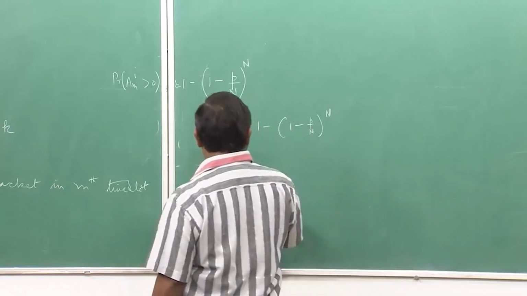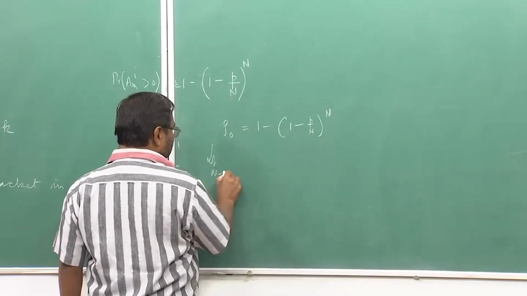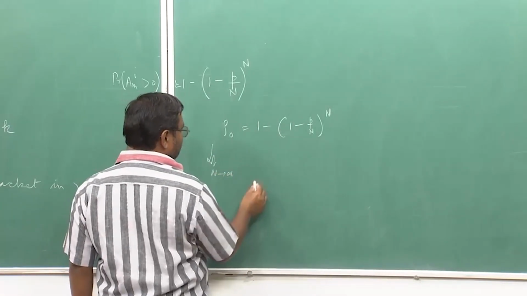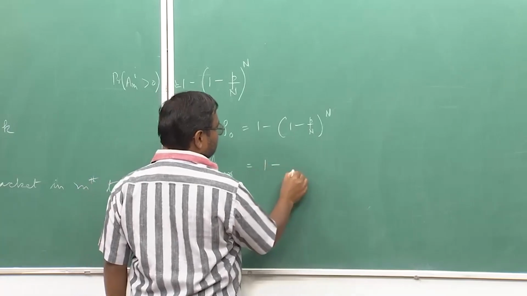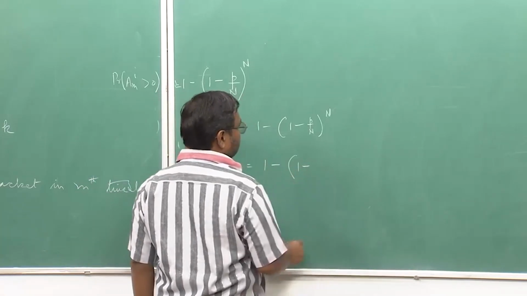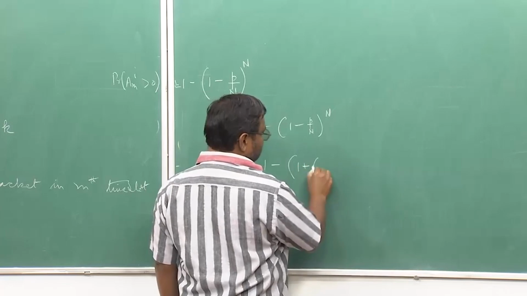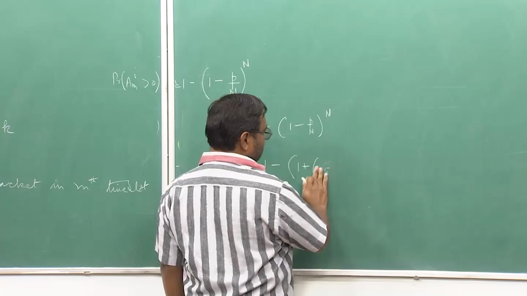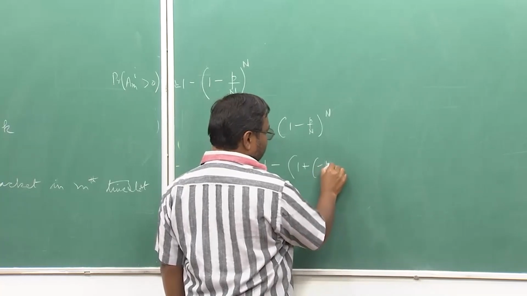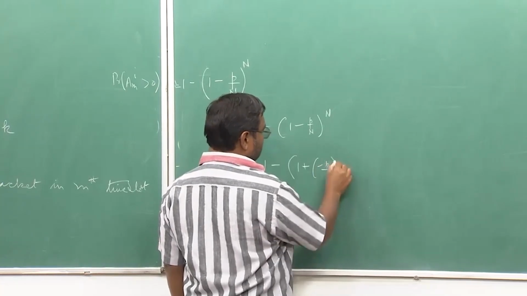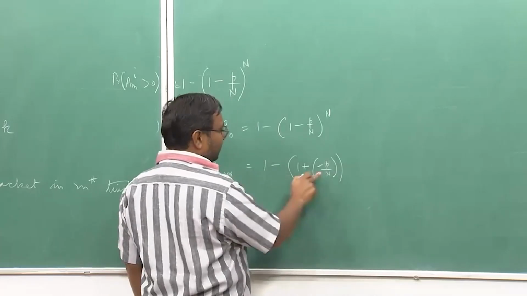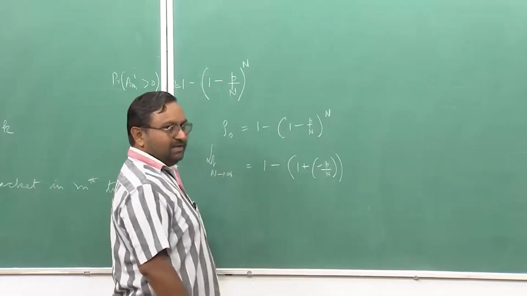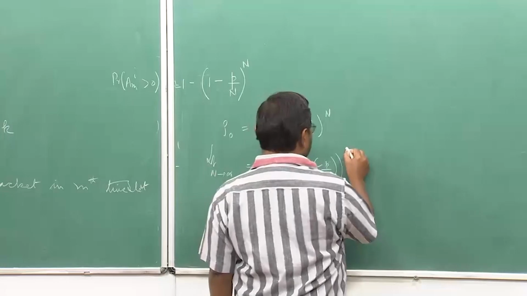Okay. So, in the limit when n goes to infinity, I can write this thing as 1 plus minus p by n. So, when n goes to infinity, p by n goes to 0 actually.